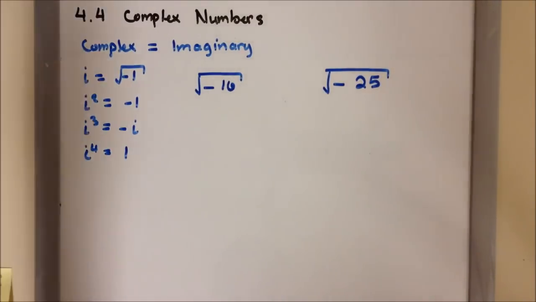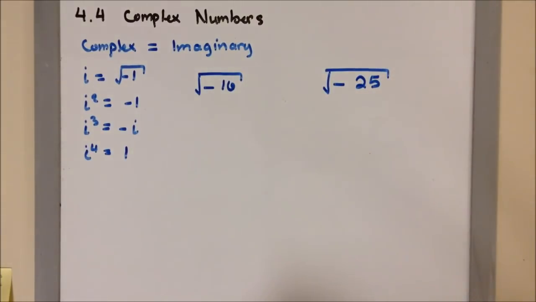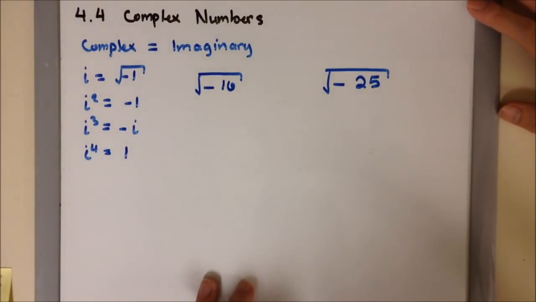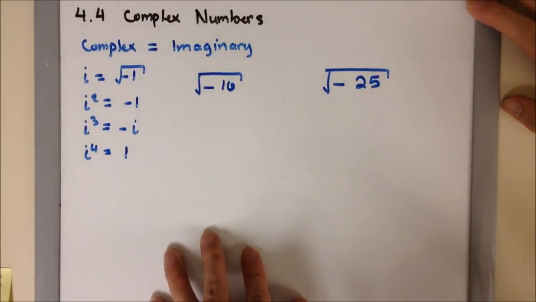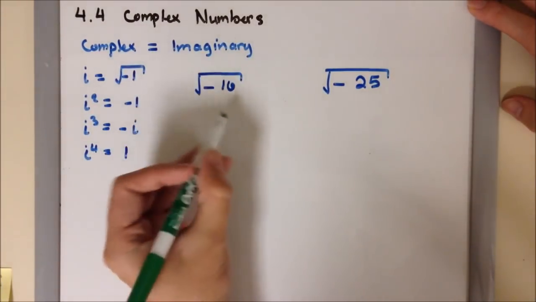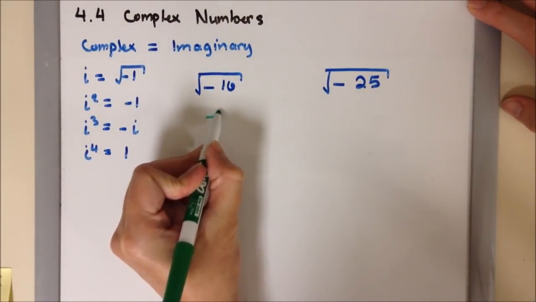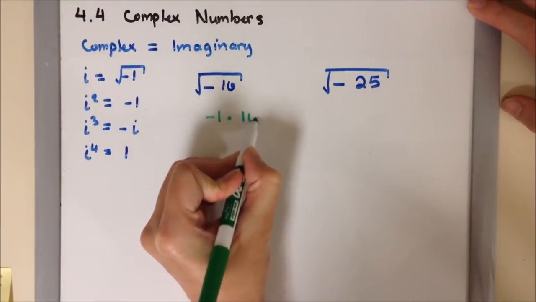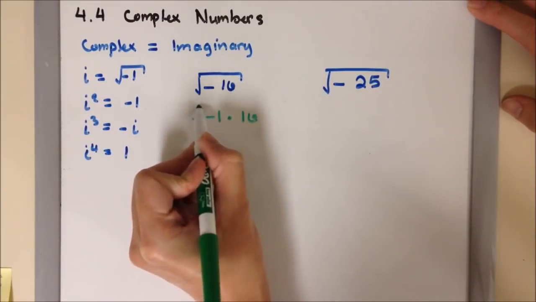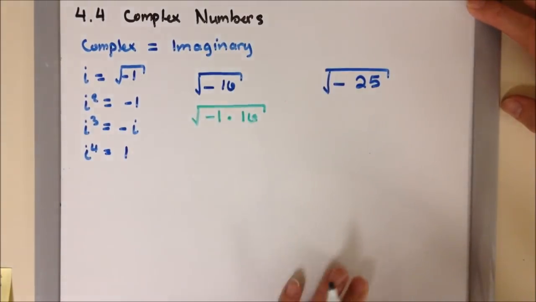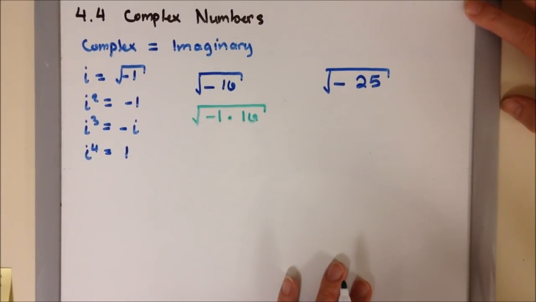So in our first example, we have the square root of -16. When you have something like that, what I want you to do is break it down to two numbers that can get you -16. In this case, it will be -1 times 16. And I'm going to use the same process I did in 4.6a and 4.6b.